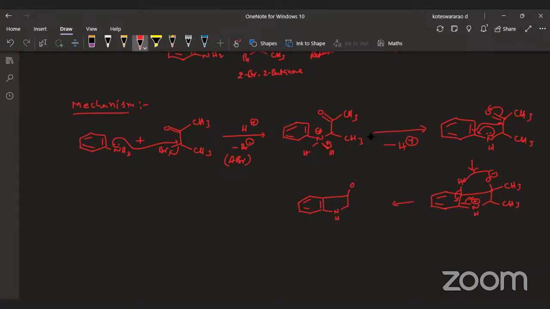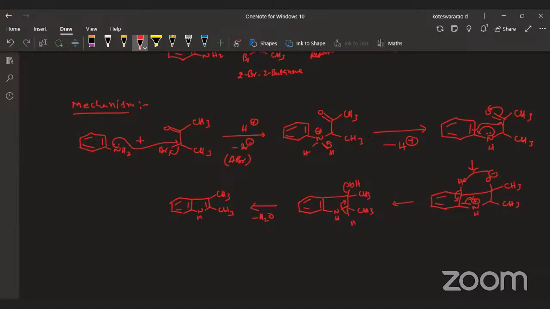So the OH, CH3, CH3. Now here, elimination of a water molecule. Then elimination of water leads to the final product, 2,3-dimethyl indole.